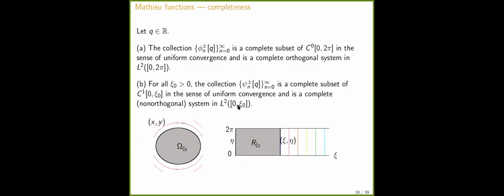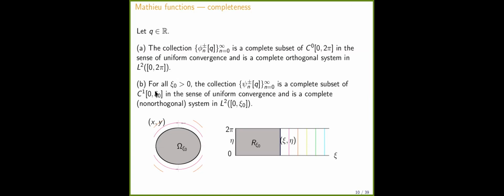Okay, and these are used to solve actual physical problems. So you need to know that you can represent all solutions in terms of the Mathieu functions. The collection of functions phi n plus and minus is a complete subset of the continuous functions from 0 to 2 pi.